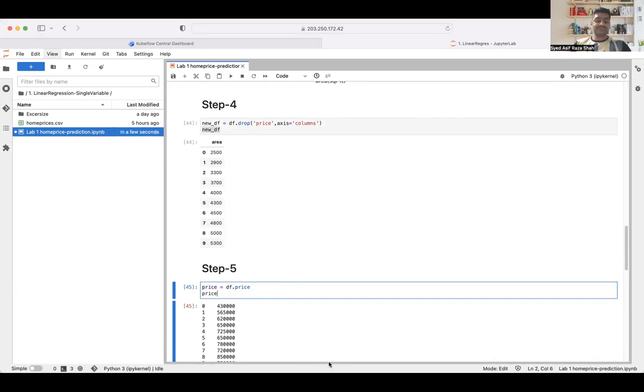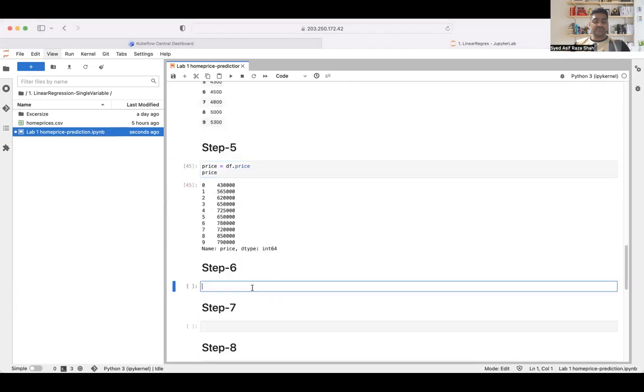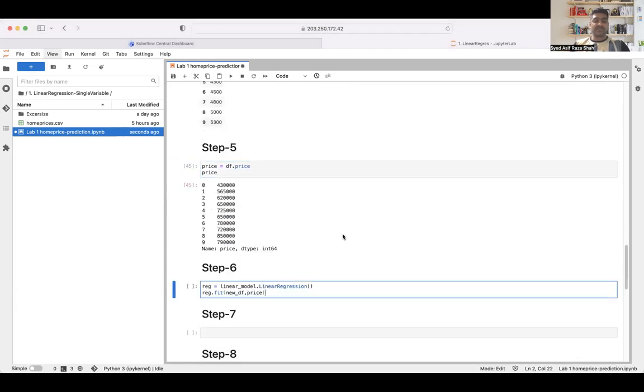In the sixth step, we are going to create our regression model. How will we create it? We will use the object that we created on top of linear_model.LinearRegression. We add this, and in this object we have added the linear regression model.